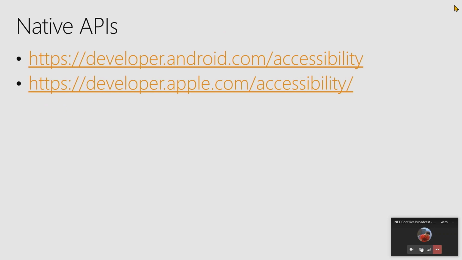Microsoft has a lot of information about that too, not only related to Xamarin, but related to Windows and other Microsoft products. But I put here the two, because as cross-platform developers, it's good to know what the platforms say as suggestions and good practice for accessibility.